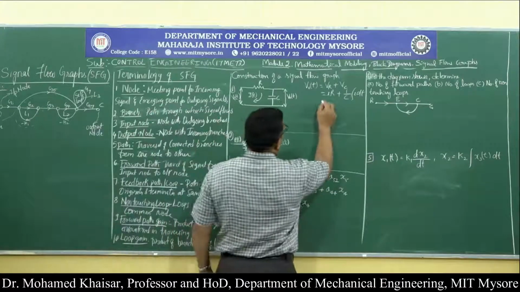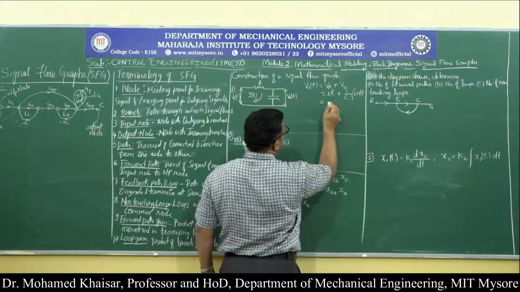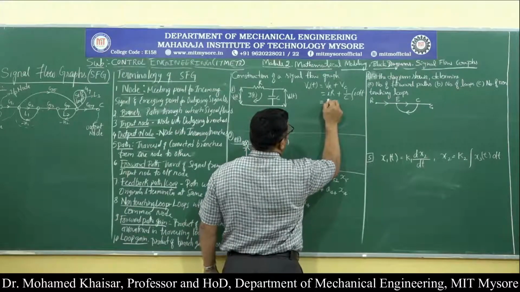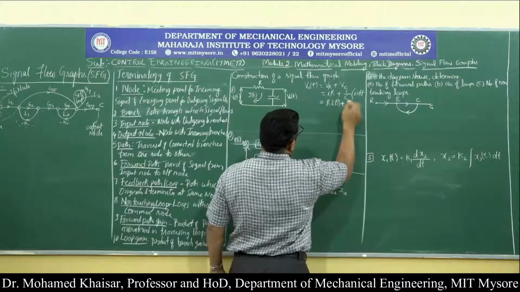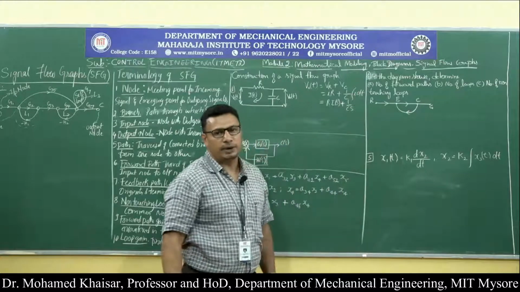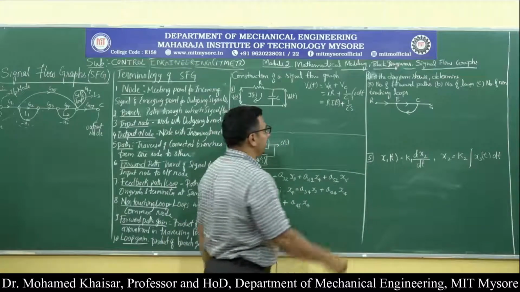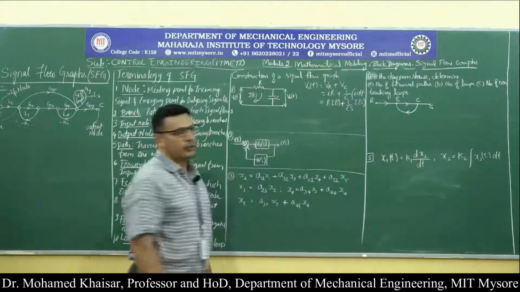Then if we apply the Laplace transformation, what I get is R into I(s) plus 1 by C, because an integral, when converted by Laplace transformation, becomes 1 by s, into I(s). This is what I am going to get.